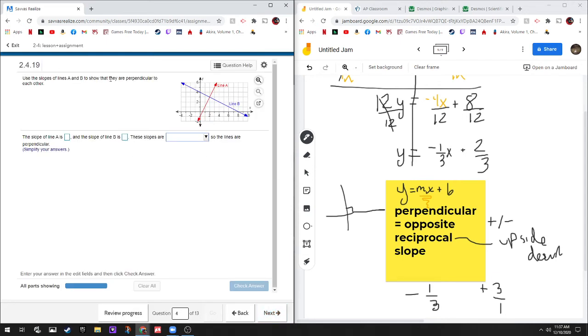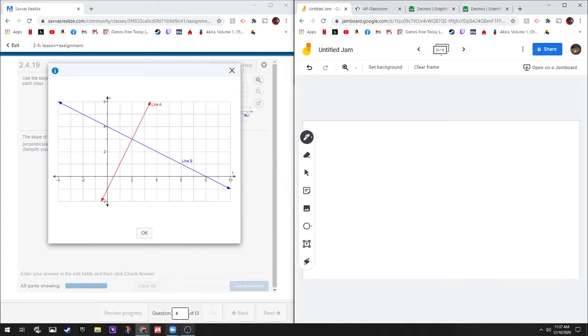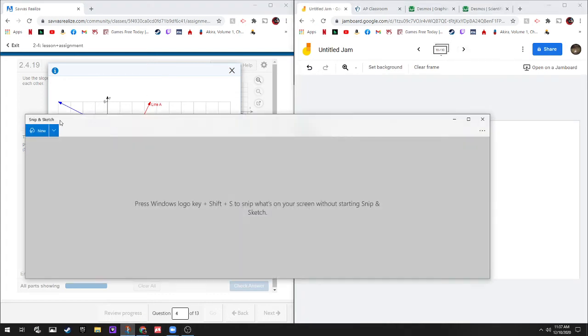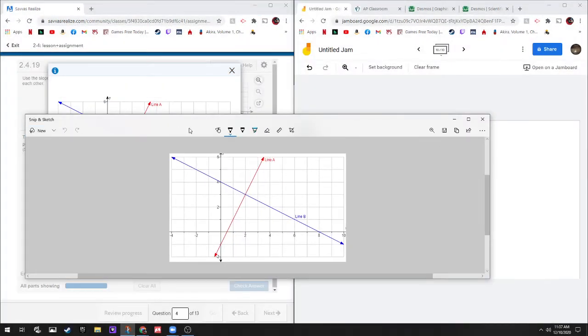Use the slopes of lines A and B to show that they are perpendicular to each other. Okay. So on mine, let's figure this out.